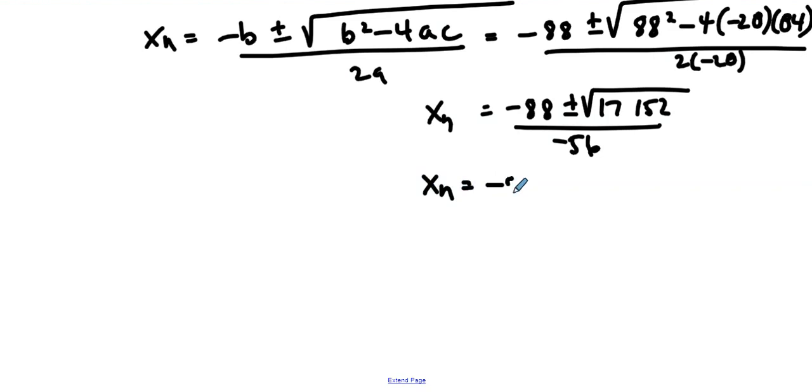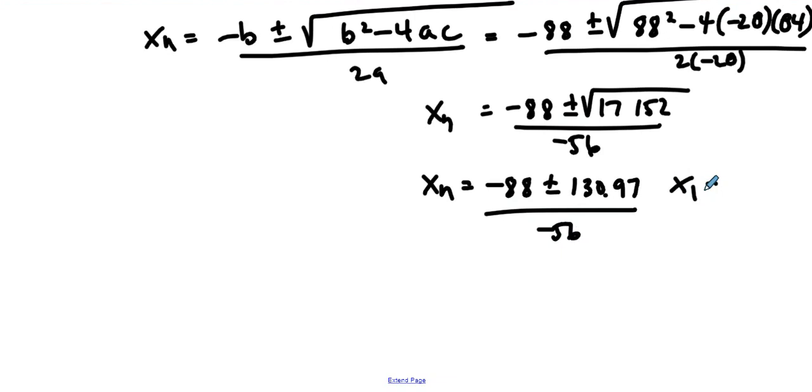Okay, we're getting closer. Plus or minus 130.97. And then we break it up. We do negative 88 plus, and negative 88 minus, divided by 2a, and the two x values are as follows. Okay, I'm almost done.